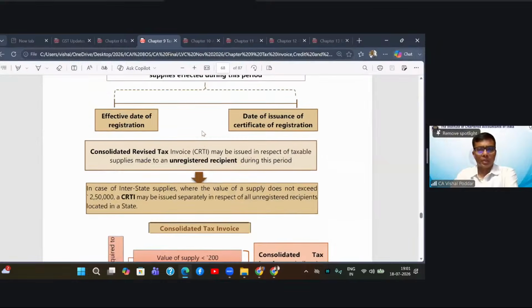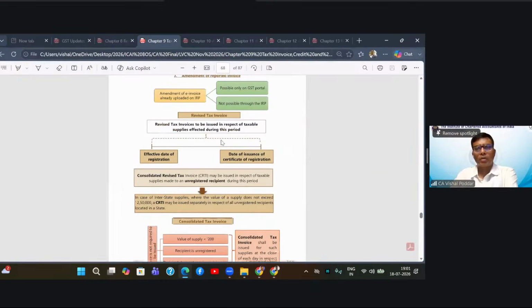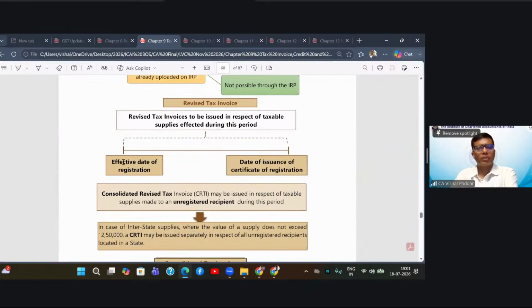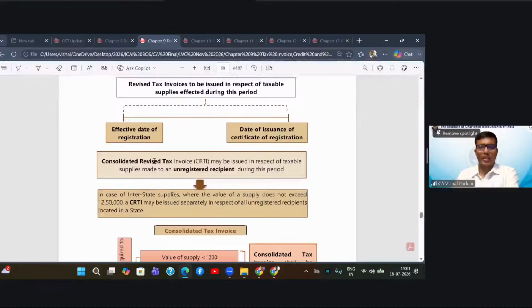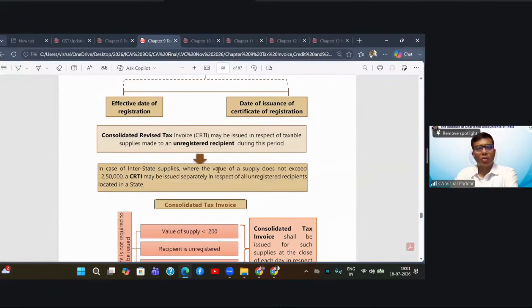Fine. So students, this is what I was explaining about the revised tax invoice. From 18th of July till 25th of September, whatever non-tax invoices I have given, I will revise and give them a revised tax invoice. Similarly, wherever I am allowed to make a consolidated tax invoice, that is where I am supplying to an unregistered recipient.